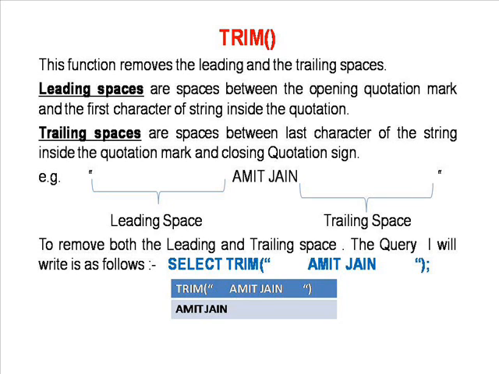To remove both the leading and the trailing spaces, the query I will write is as follows: select trim, and inside the brackets quotations, 4-5 spaces, Amit space Jain, again 4-5 spaces, quotations complete, bracket complete, and semicolon. And the output that will be displayed on the screen in MySQL has been shown below.